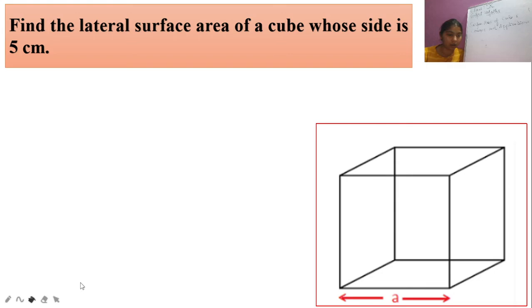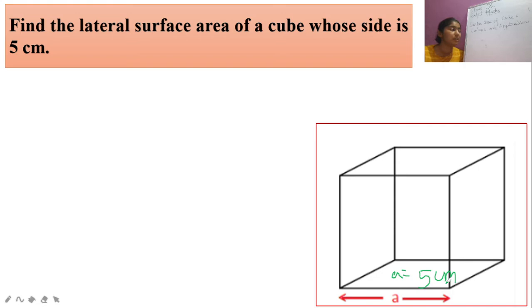The side is given to us as a. So let's calculate it. How will you do it? You first mention the side. So let me mention the side: a is equal to 5 centimeter for each side.